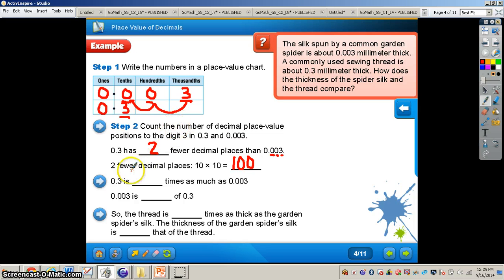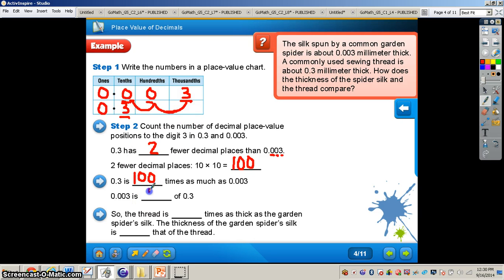So we can see that 3/10 is actually 100 times as much as 3/1000ths, because we had to move not 1 but 2 decimal places to the left. And as you move to the left with your decimal places, everything increases by 10 times greater than to the right.